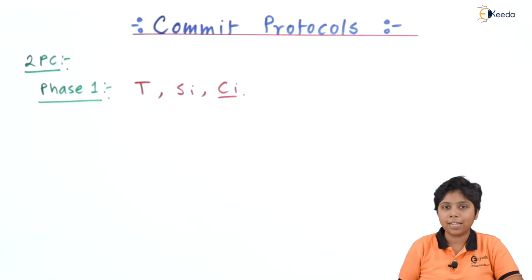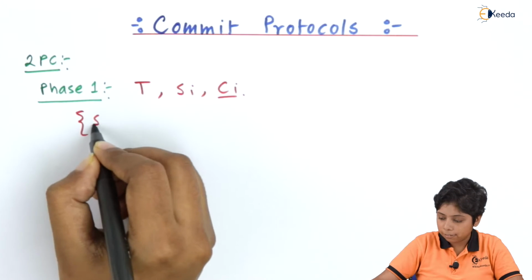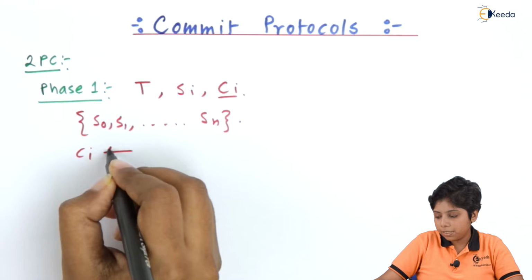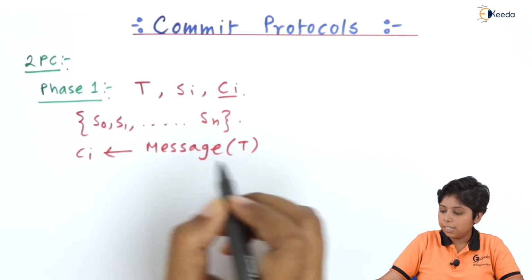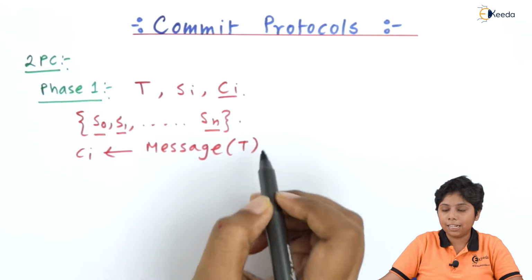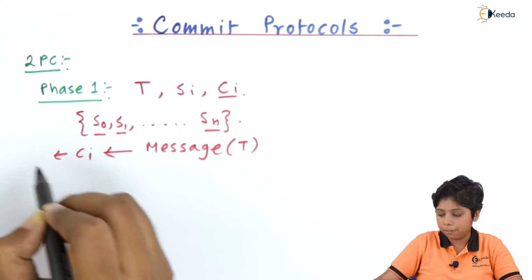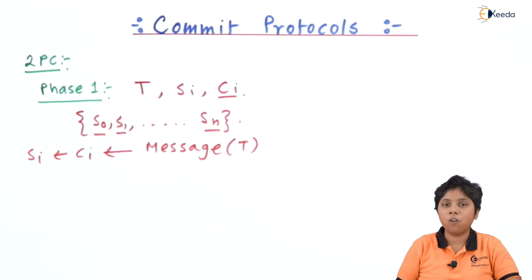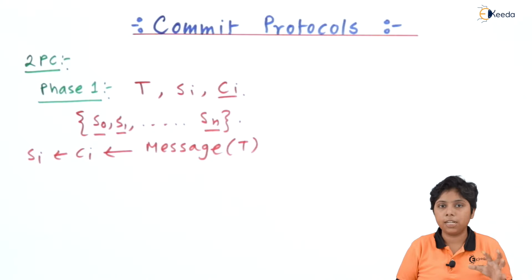If the sites are S0 to Sn, then Ci must get a message that T has completed from S0, S1, up to Sn, including Si. It is not committed, it is just completed their portion of the work.